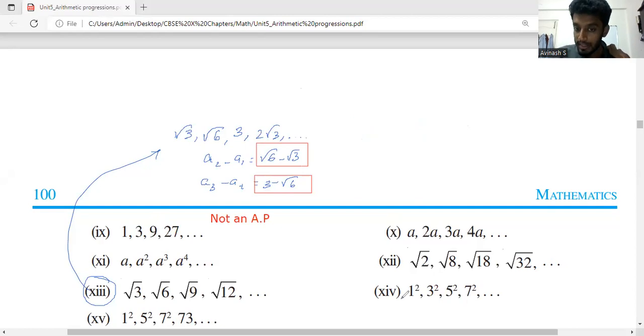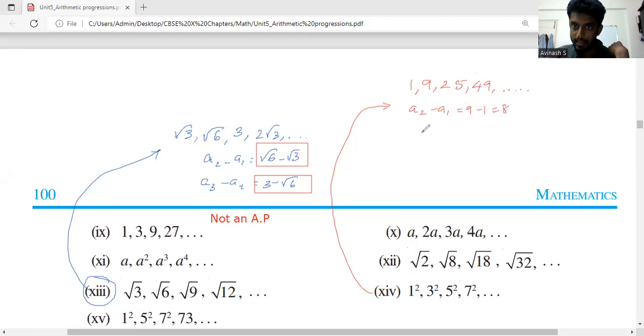With respect to the 14th subdivision, let us try to expand it. So we know 1 square is 1, 3 square is 9, 5 square is 25, and 7 square is 49, and so on. First, let us expand it. And then we find the common differences. So A2 minus A1 will be 9 minus 1, which will be 8.